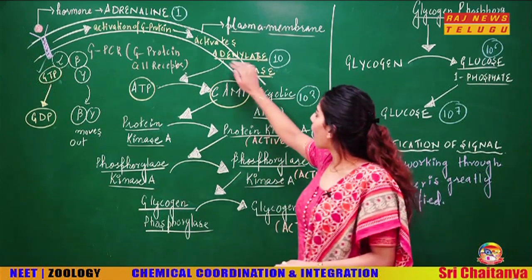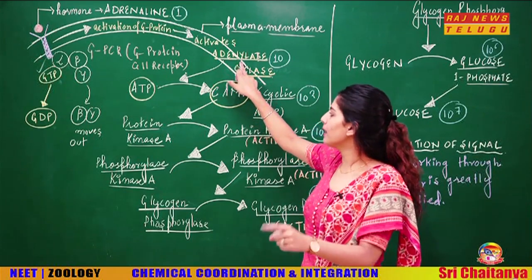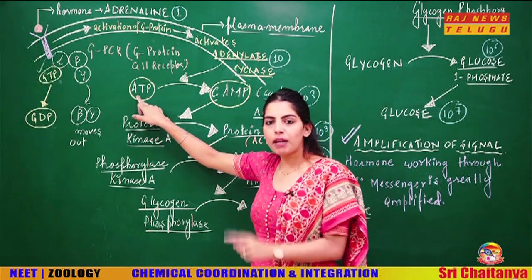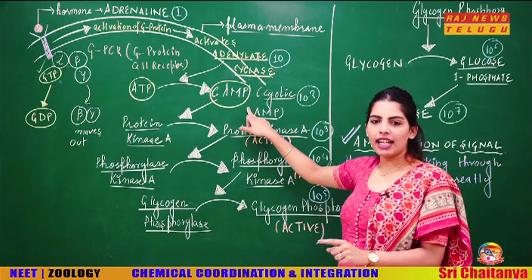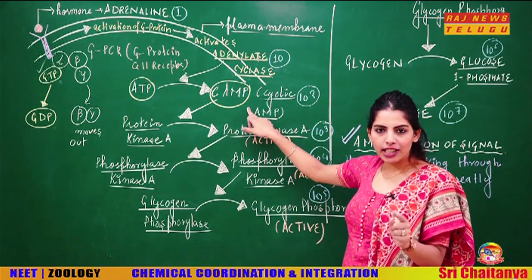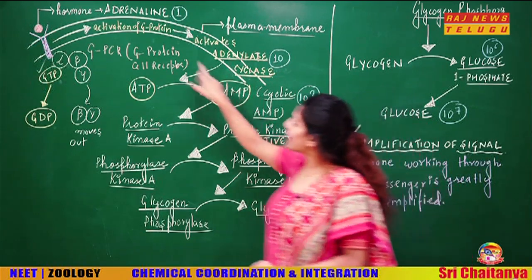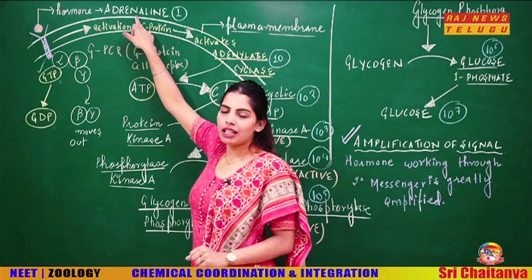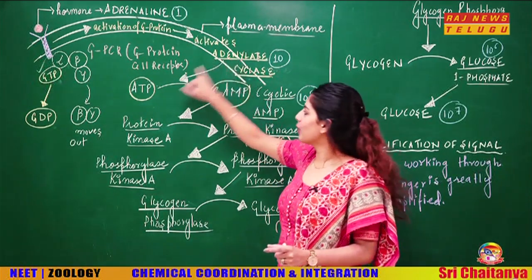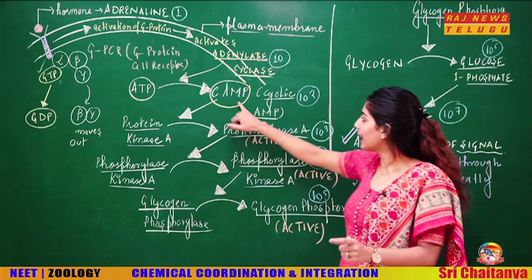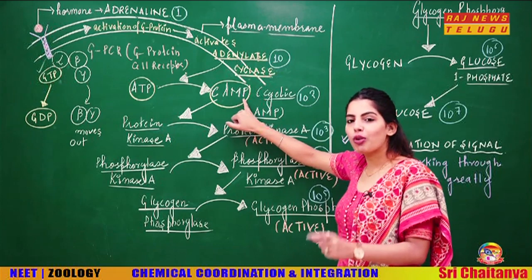Yes, of course, upon activation of adenylate cyclase, it is going to help in the conversion of ATP, which is adenosine triphosphate, into what? cAMP. Have you heard of this name previously? I told you that there would be some secondary messengers. Since this hormone could not cross the plasma membrane, what it did inside the cell was that the adenylate cyclase converted this ATP into a cyclic product, hence the name cyclase, into cyclic adenosine monophosphate.